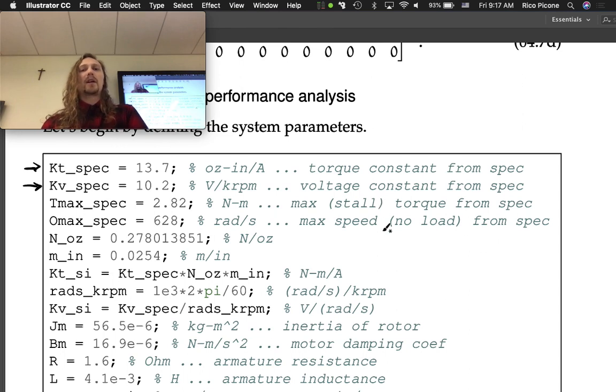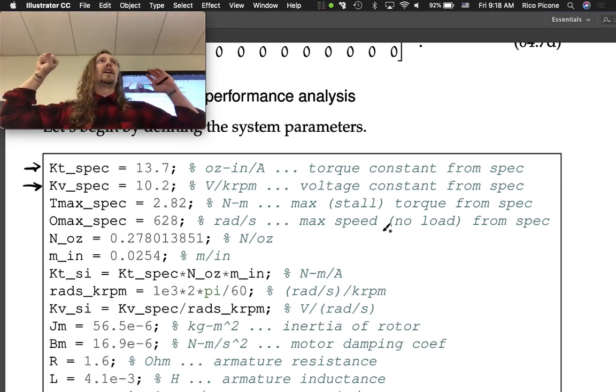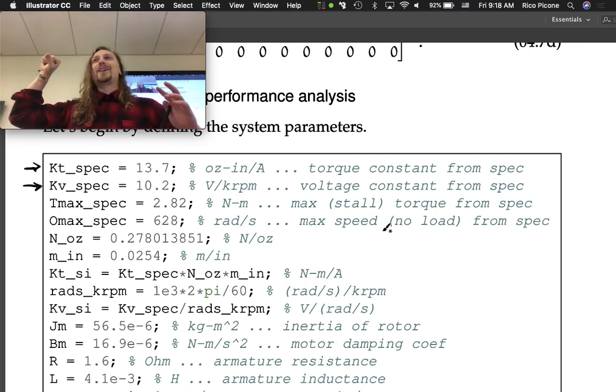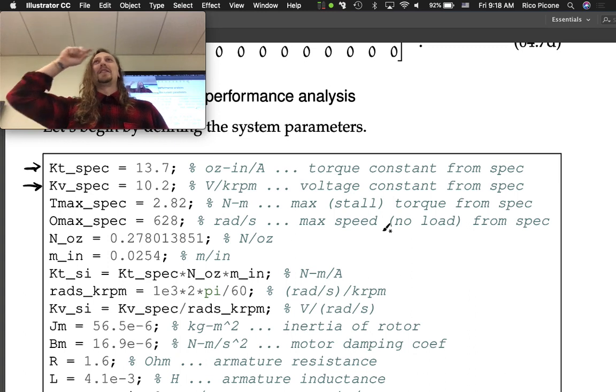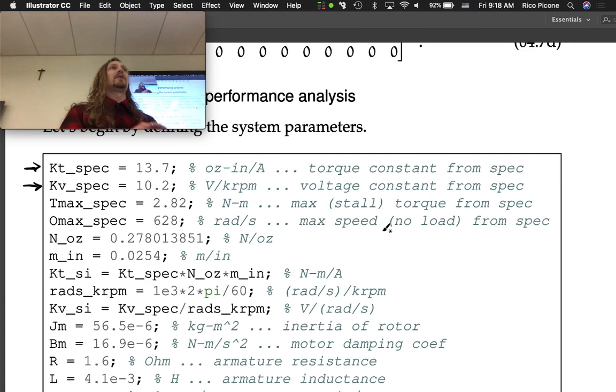The max torque is called the stall torque. If you were to just grab the shaft of the motor and hold it so it can't move, and run as much current through it as you can, that's the max torque that you can get out. So, no movement. And the max speed is if you had no load, so no braking.